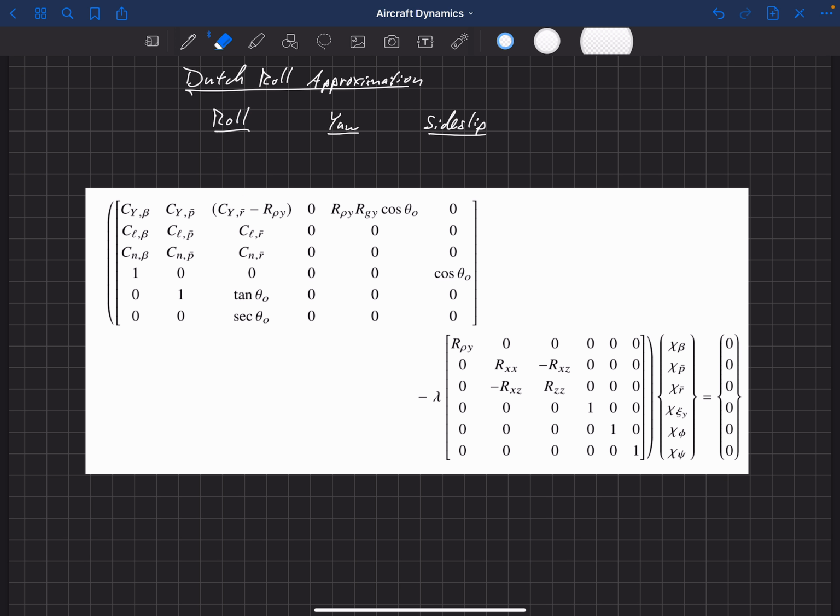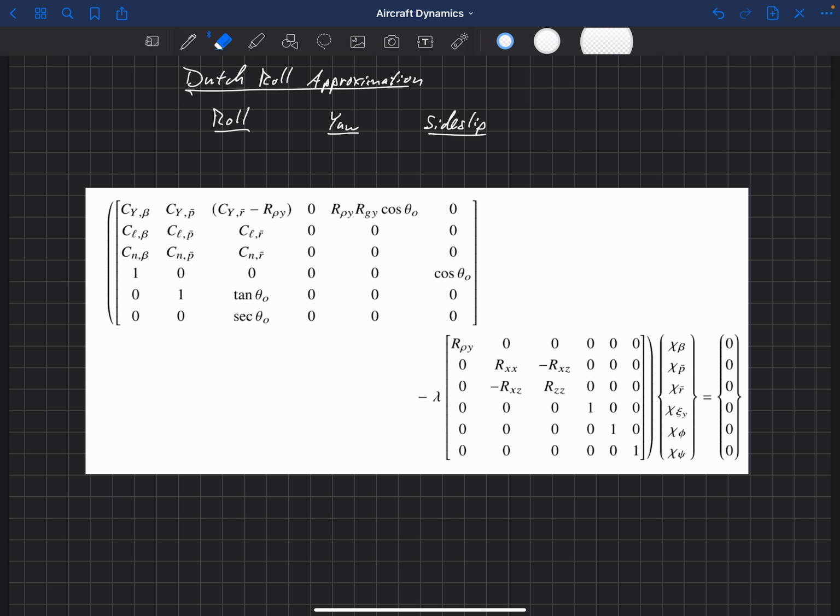It's actually fairly involved. It took quite a bit of work for him to come up with a better approximation. He starts off with these same linearized lateral equations, so the same eigenproblem, and really picks apart each of the terms in here, deciding whether or not they should remain or be neglected, and has to make some approximations, use some Taylor series. Anyway, it's a fairly involved approach.